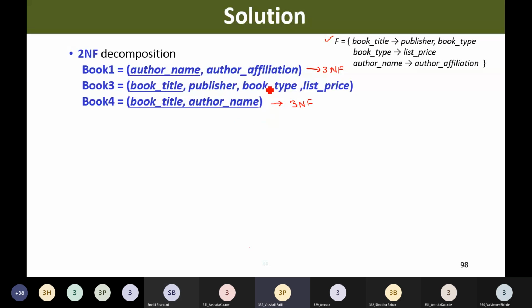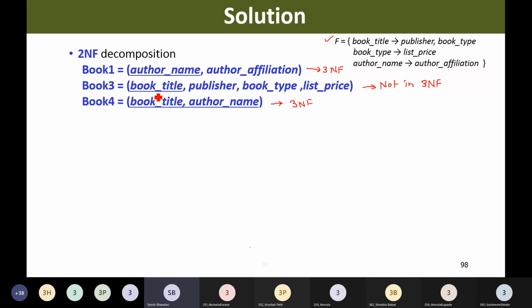What about book 3? Book 3 is not in 3NF. What is the reason? Because list price is transitively dependent on book title. Yes, very true.